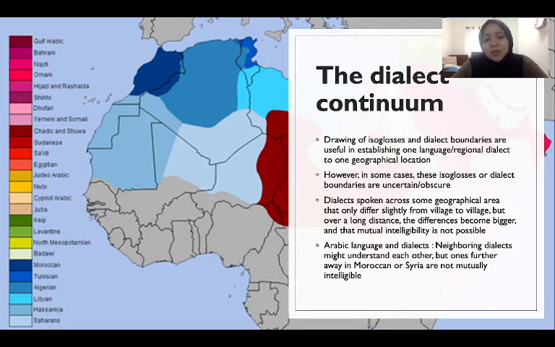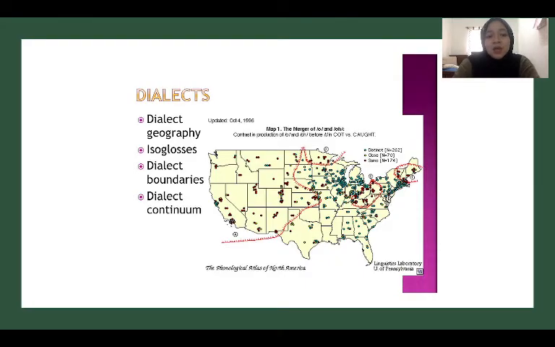Dialects spoken across some geographical area only differ slightly from village to village, but over a long distance the differences become bigger, and mutual intelligibility is not possible. Let's go back to just now.